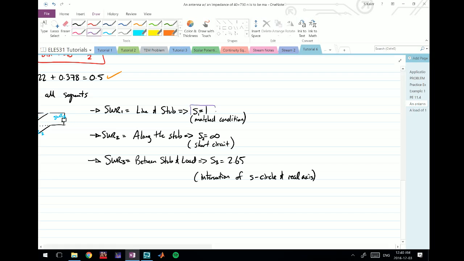So now we've also found these SWRs on all segments of the line. You can call it S1, S2, S3, you can call it SWR1, SWR2, SWR3, as long as the person that you're trying to refer this to knows what you're talking about. It shouldn't be much of a problem.